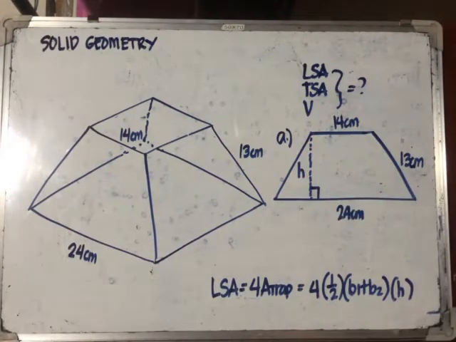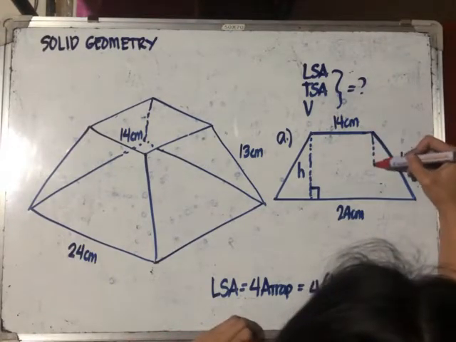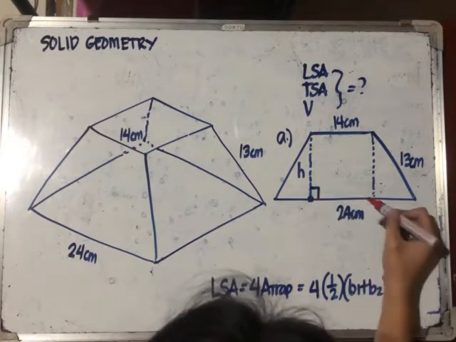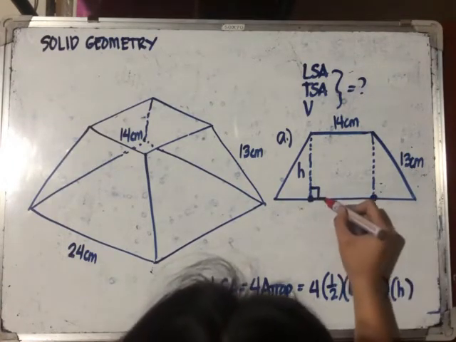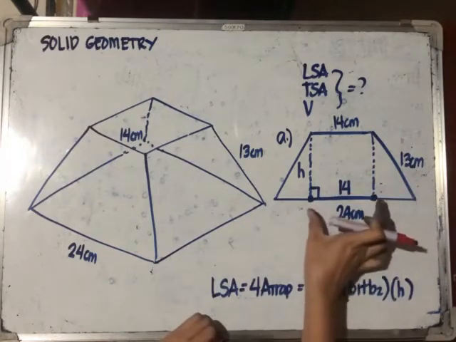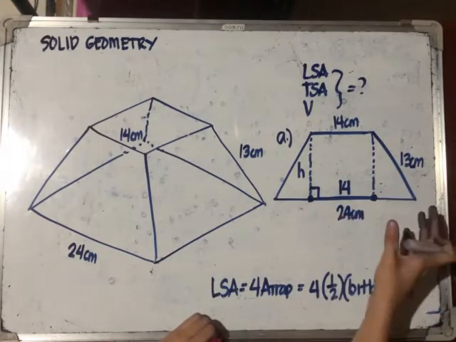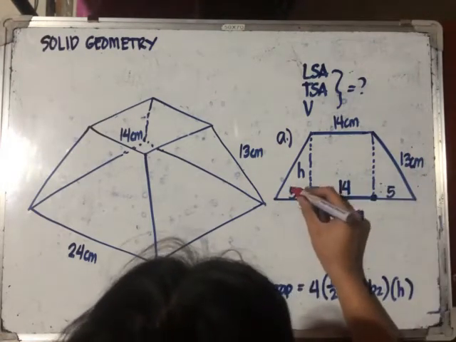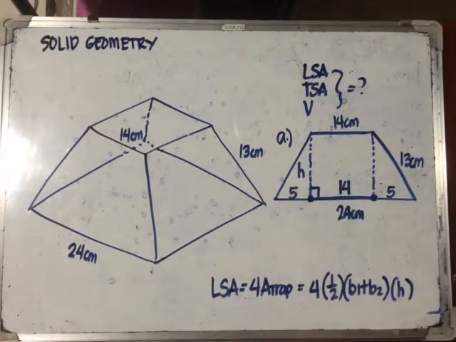And how are we going to get that H? Drop ko ngayon itong line na yan dito. So, bali, itong gitnang ito, 14 to, no? Since 24 minus 14, you have 10. Divide mo by 2, you will have 5 centimeters here and another 5 centimeters there.